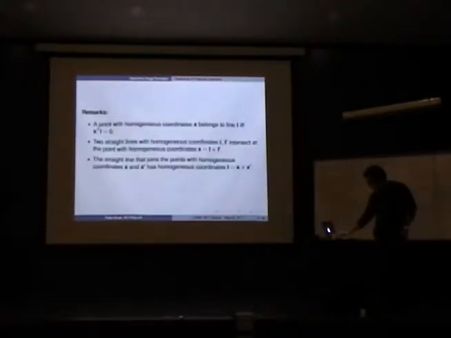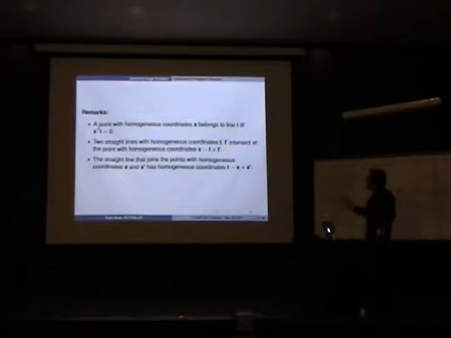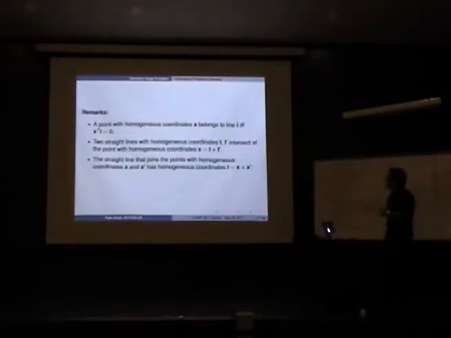So why is this representation interesting? First, because it makes computations very simple. If you work with homogeneous coordinates, a point x belongs to a line if you have this equation. Two straight lines intersect in the cross product of their homogeneous representations.